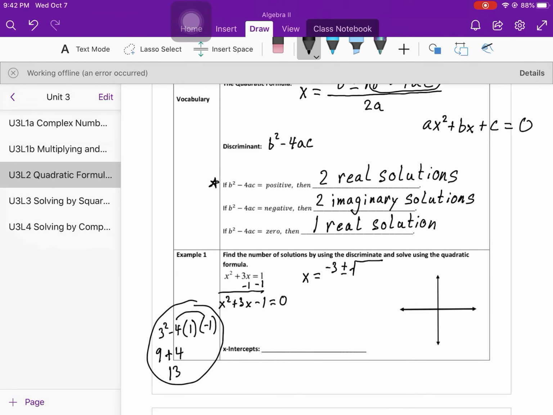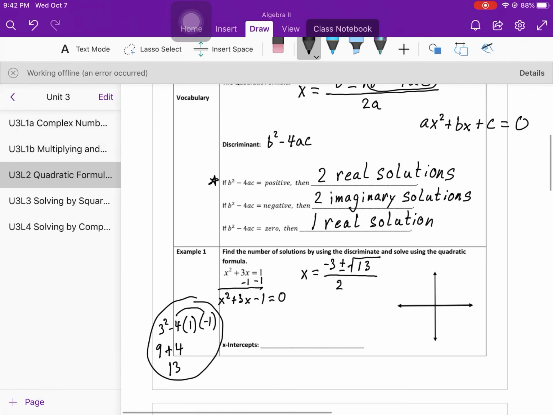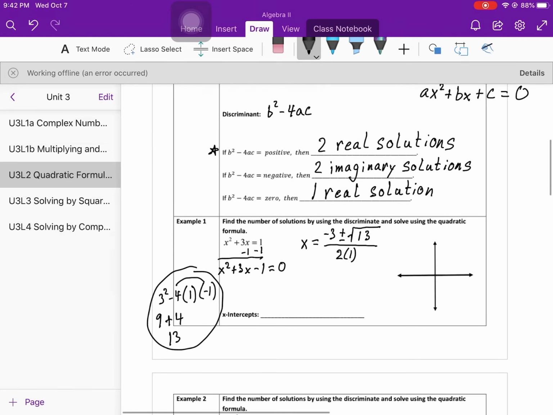That's what we did right here. So I know that this is going to reduce down to 13. And then over 2 times our a value, which is 1. Okay, so the x-intercepts are, you can actually leave it in this form. Negative 3 plus or minus the square root of 13 all over 2.